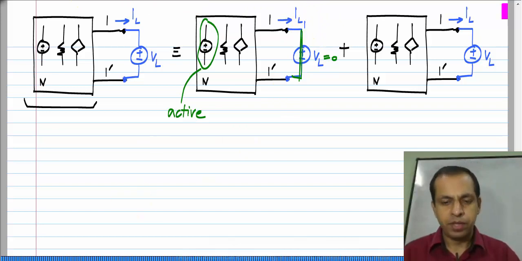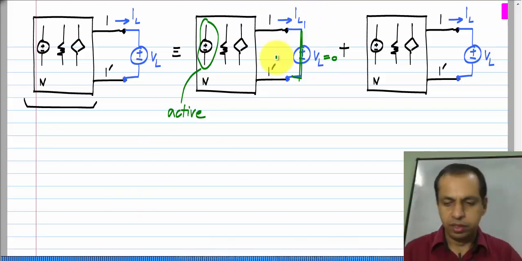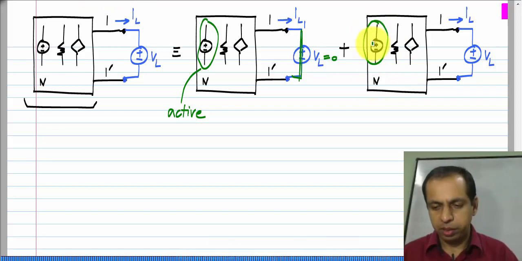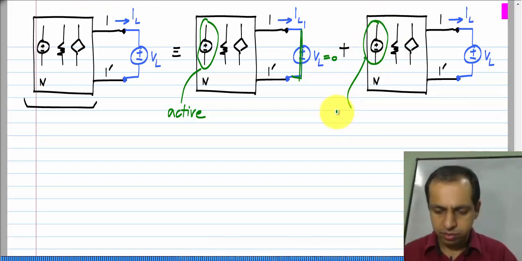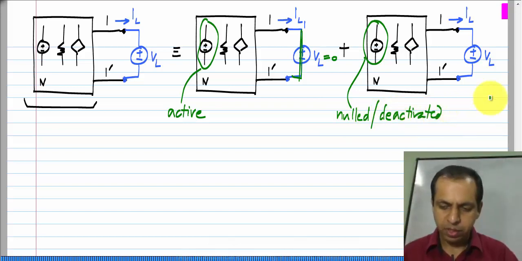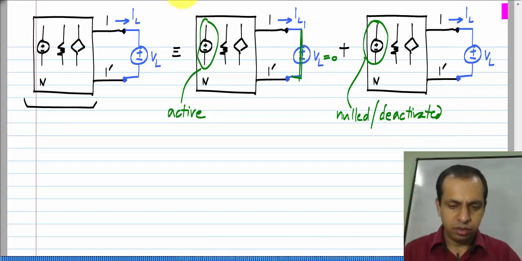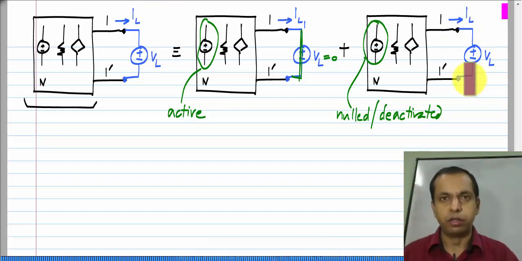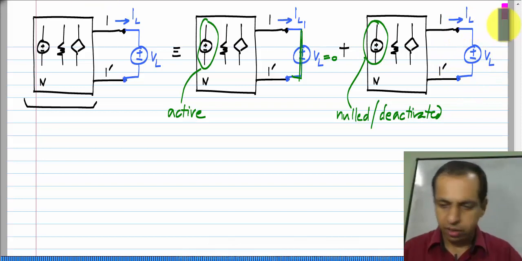And the other case is where the internal independent sources are all nulled or deactivated. I will have only this V L active and I compute I L 2.